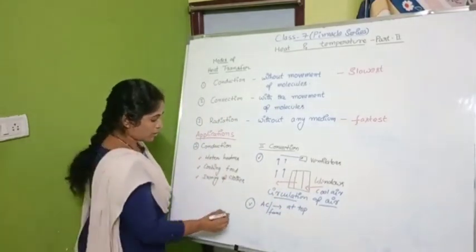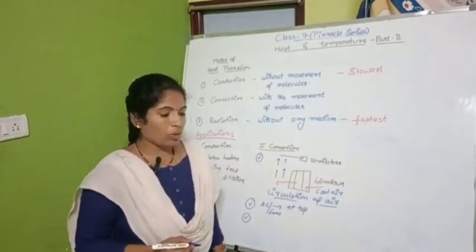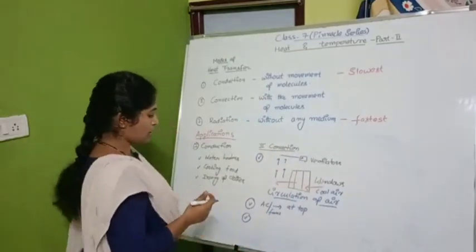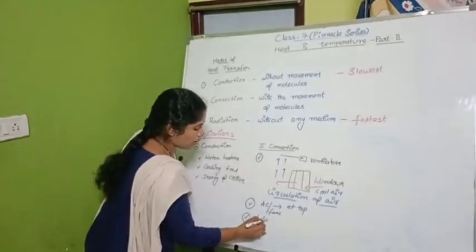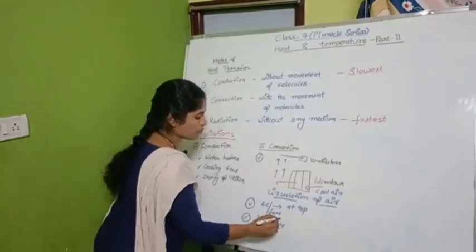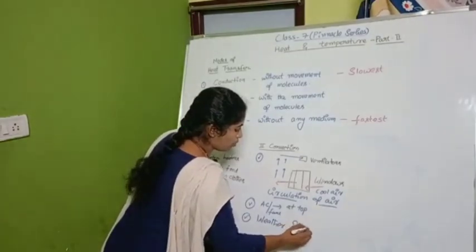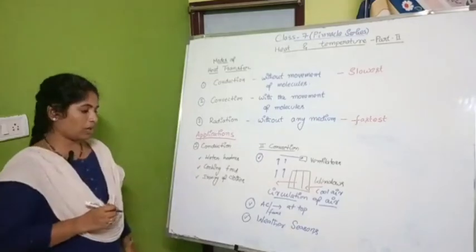Even we have another, we can see the convection in ocean currents and climatic patterns, that is weather patterns. You know we have weather patterns, summer, winter, spring, autumn, the rainy season. How? Because of this convection process.